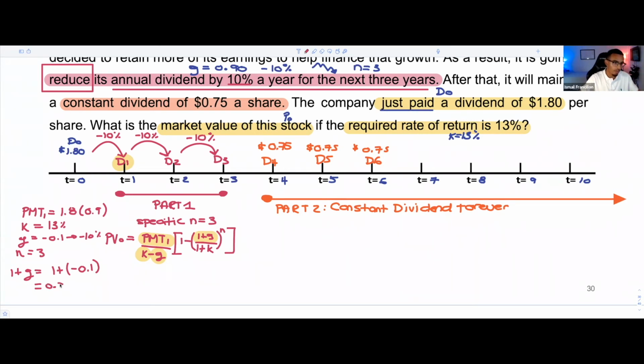That is 0.9. Yes, exactly. On that note, could somebody tell me what's the present value of part 1? Somebody write it in the chat, please.